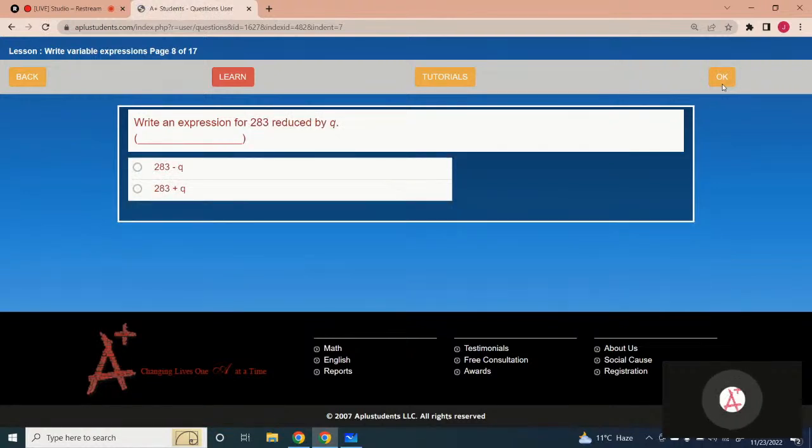Okay, write an expression for 283 reduced by q. So which option is the correct one? Reduced means you have to subtract. So it would be 283 minus q. Got it?